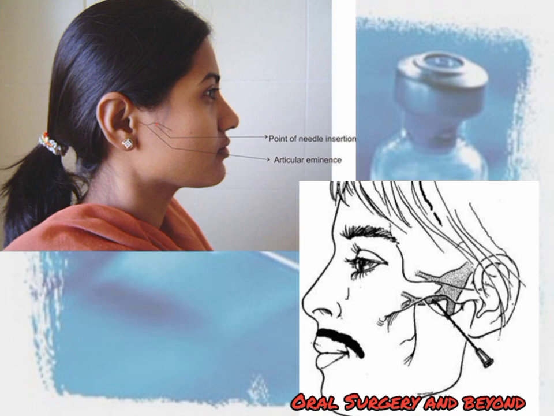For the extraoral technique, the main landmarks we always have to palpate are these two: the articular eminence, and the point of needle insertion just anterior to the articular eminence here.